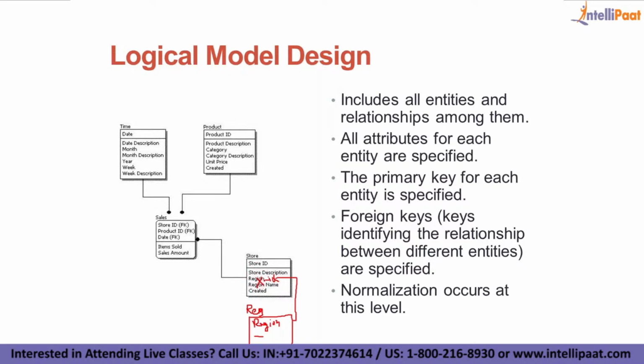To avoid this, we will have only the region ID here, and we will keep the region name only one time in the region table, with region ID and region name, so that data redundancy is avoided by using normalization. So this is called normalization. Normalization occurs at this level. If there is any possibility of normalization on the tables, we will split the table into multiple tables. This is called the logical data model.